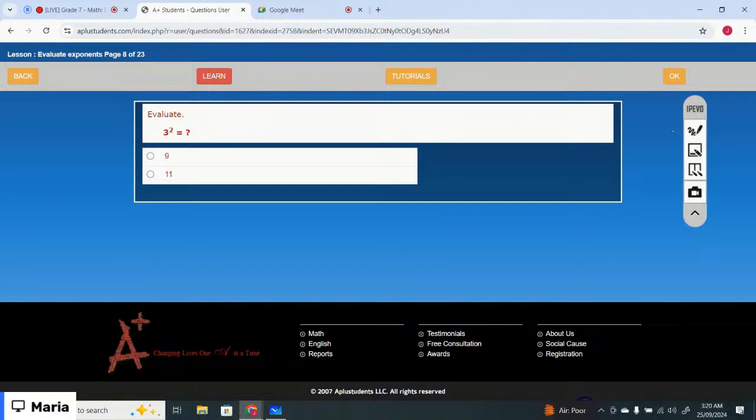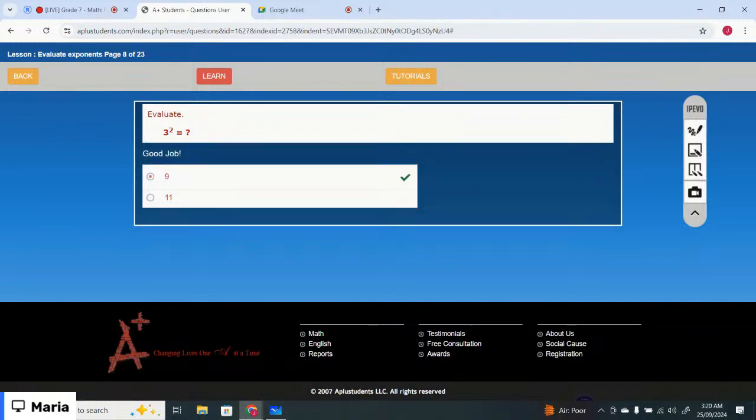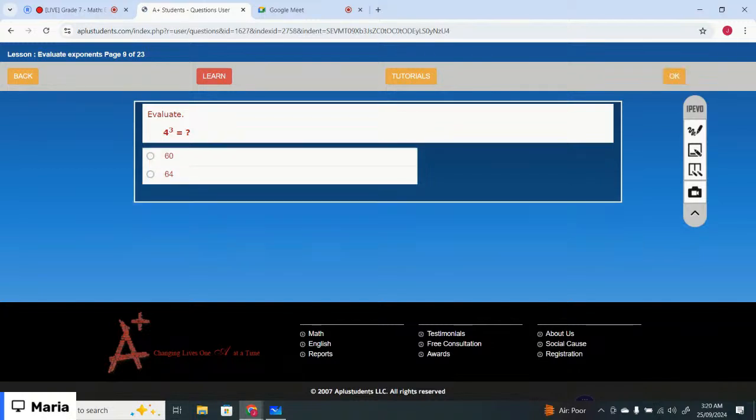Three square, which is the correct option? That is 9. Option number 1 is the correct option. Evaluate 4 cubes.